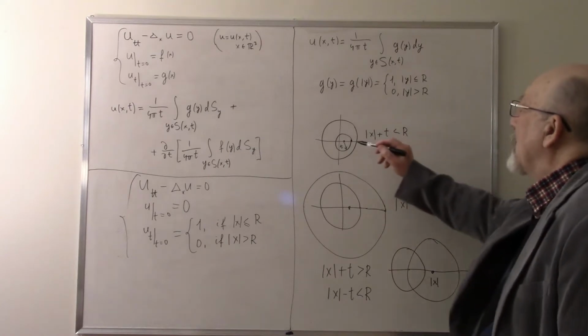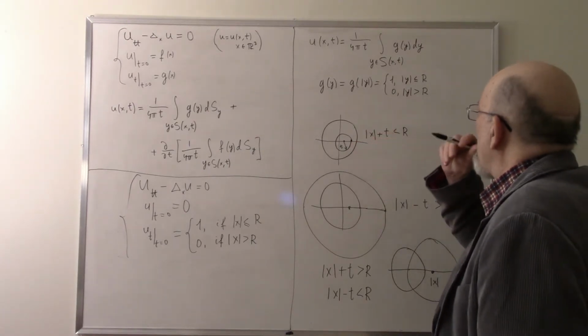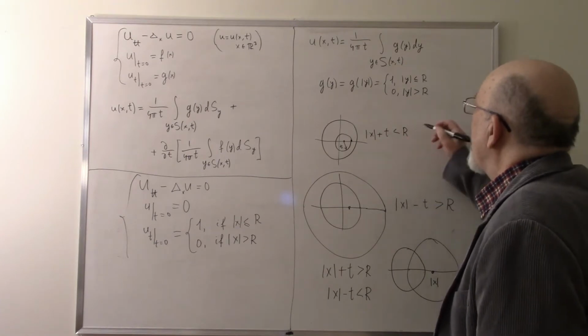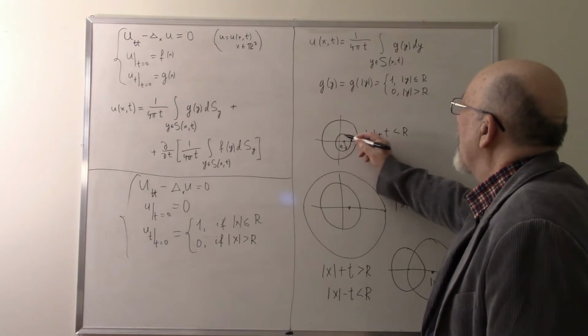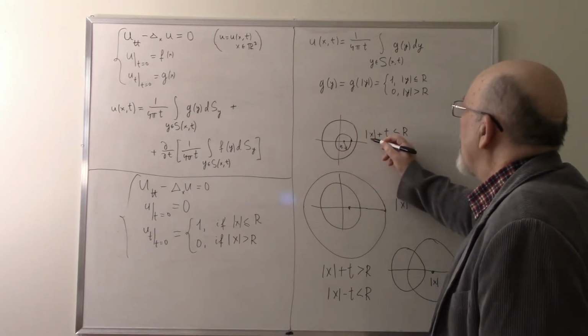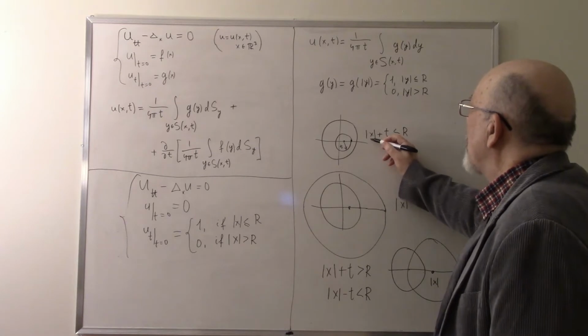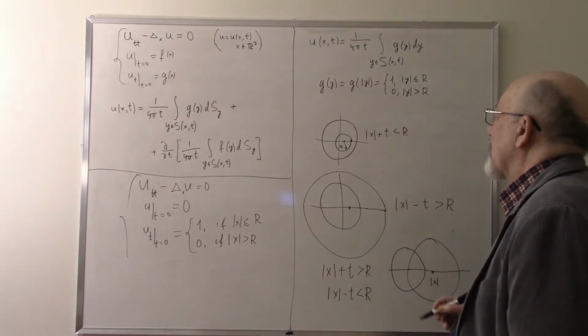So now let us look here. What happens in this case? If we have a small sphere, it happens when t is sufficiently small and modulus x is sufficiently small.